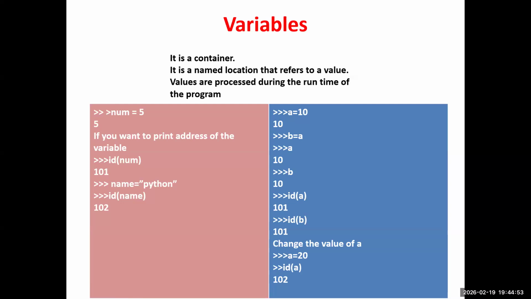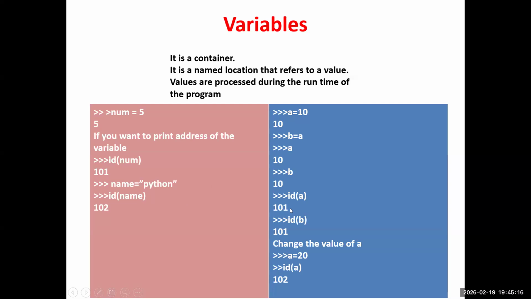Okay, this is an example. Then name equal to Python. Initially I assigned an integer value to the variable, and then I am assigning a string into name. If you want to find out the address of name, you can use the function id of name, then you can get the address.